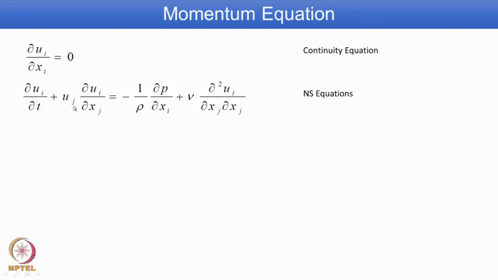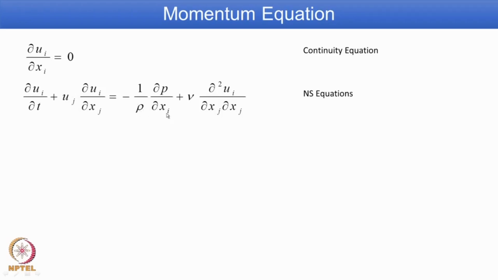So, for every value of j it will be one term, but then they are summed up. That is a rule we learned: if the index is repeating, then it is a summation, otherwise each is a single term. So, i is single, for every value of i you get a single term, whereas within that i, for every value of j you get a single term, but they are summed up.